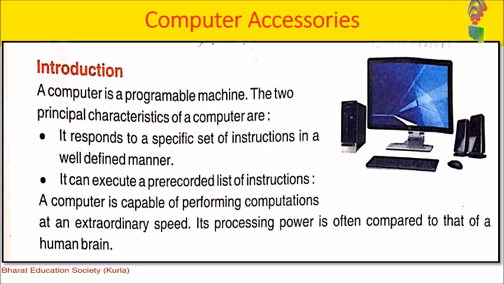A computer is capable of performing computation at an extraordinary speed. Its processing power is often compared to that of a human brain. Now the computer is compared with the human brain, meaning the features of computers are it works very fast, it gives the result accurately and it does not get tired, that is diligence.